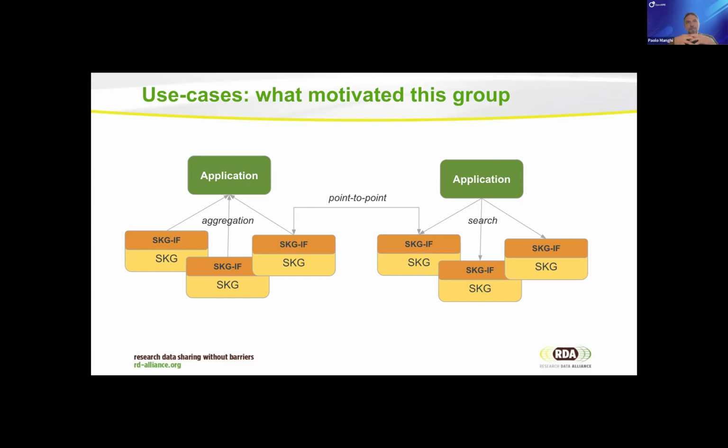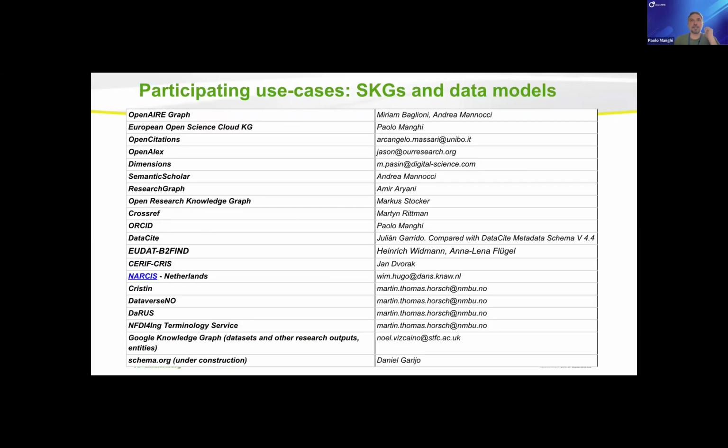All these can be seen as SKGs as long as they have objects with identifiers and references between them that can refer internally to the SKG itself or to other SKGs out there, for example, pointing to an ORCID or an organization.